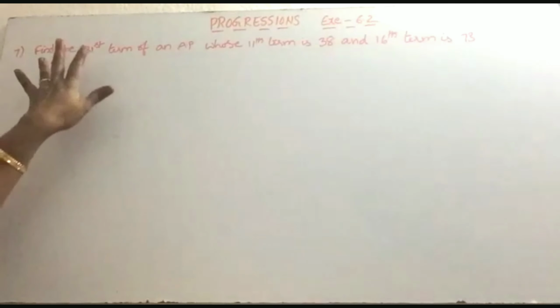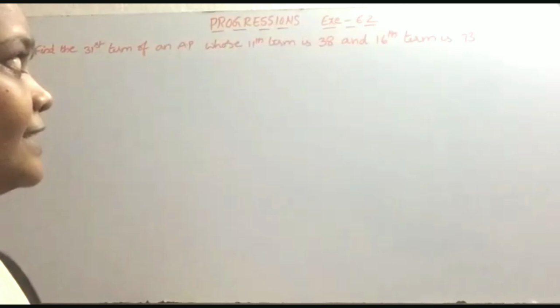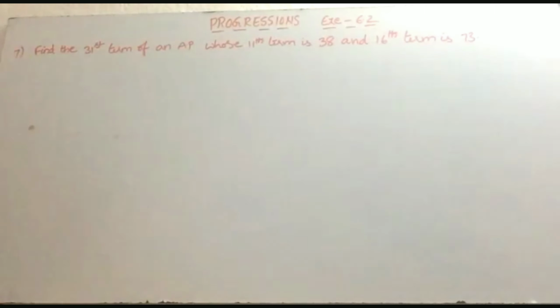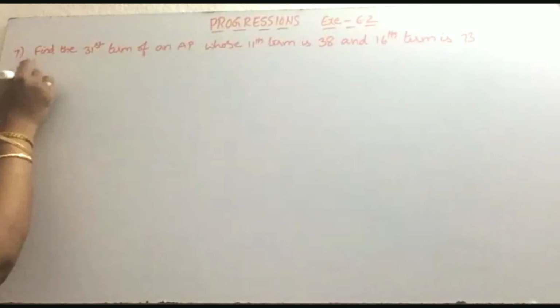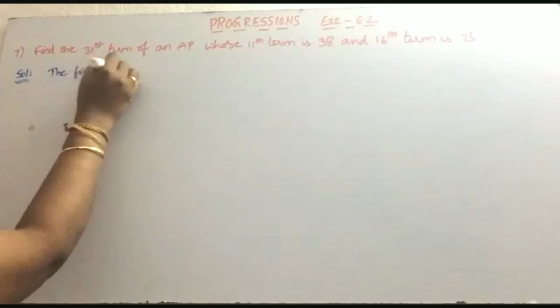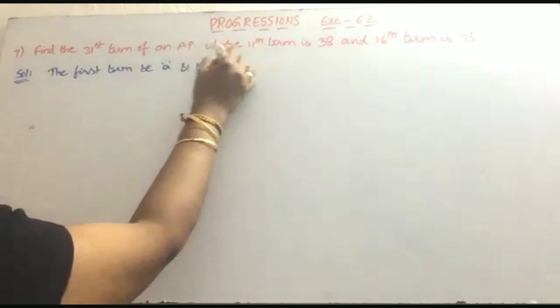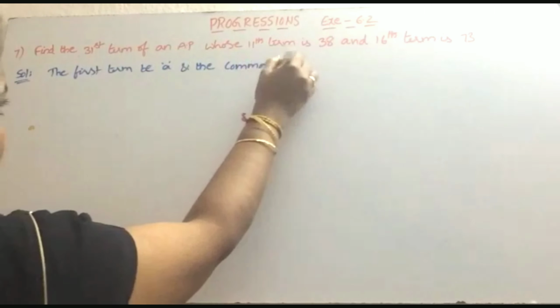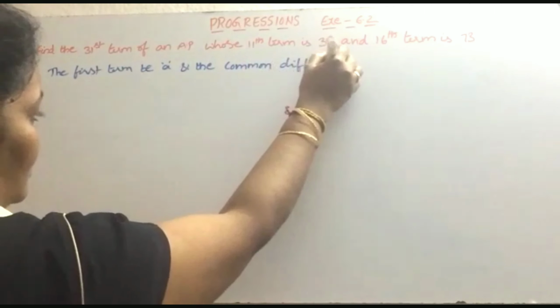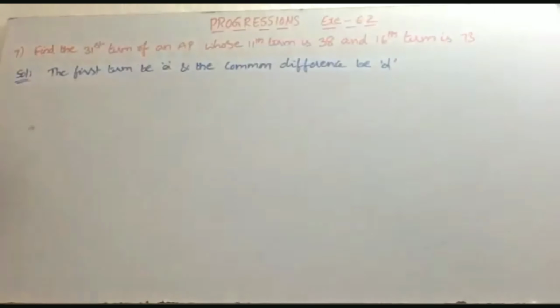Next problem. Find the 31st term of an AP whose 11th term is 38 and 16th term is 73. So first we will take the first term as A and the common difference as D. So they gave 11th term is 38.